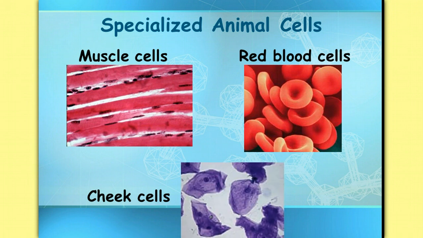Now cheek cells are different because your cheek is basically a covering, okay? So the inside of that epithelium on the inside of your cheek there, when you chew it, you're actually chewing off some of these little dead skin cells. And so what we may do in class in our microscope lab is actually take some of those cheek cells and see if we can stain them this color and actually view them in the same way.